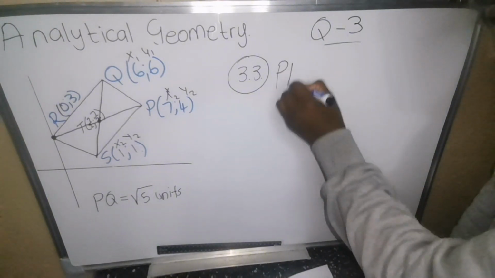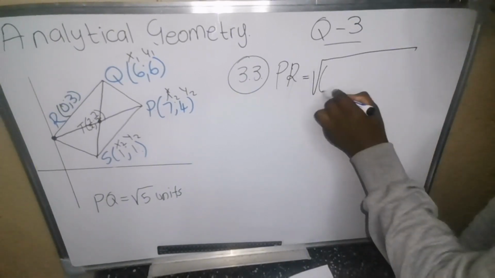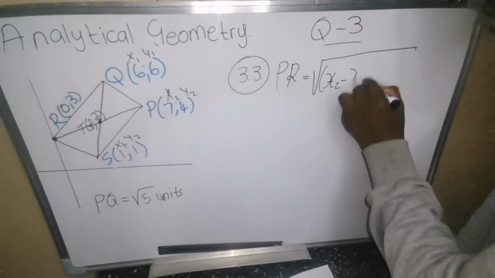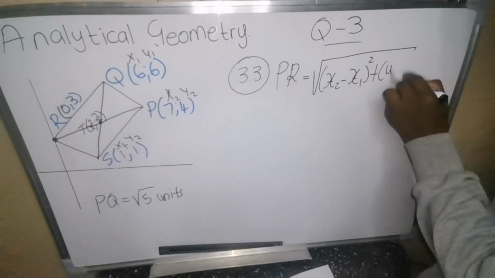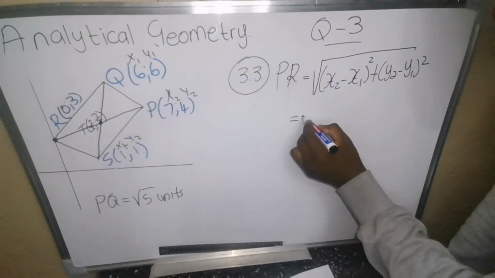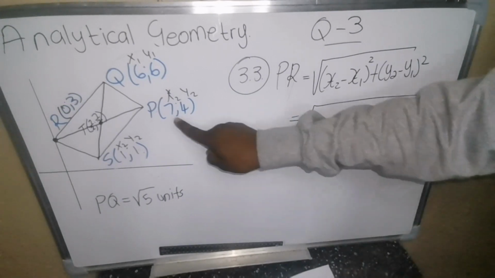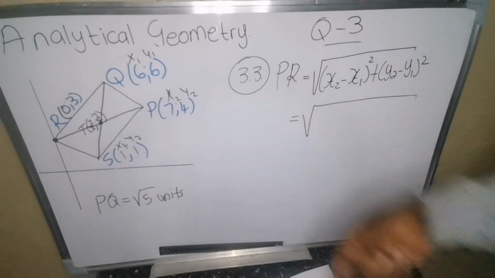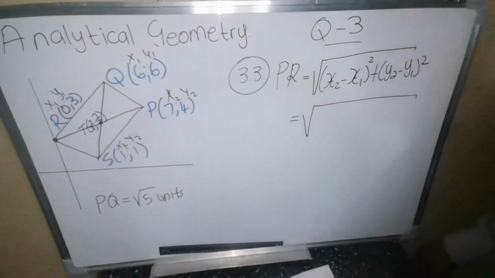PR equals the square root of (x2 minus x1) squared plus (y2 minus y1) squared. And guys, the square root here. Then for PR, x2 and y2, we can label this one x1 and y1 again.